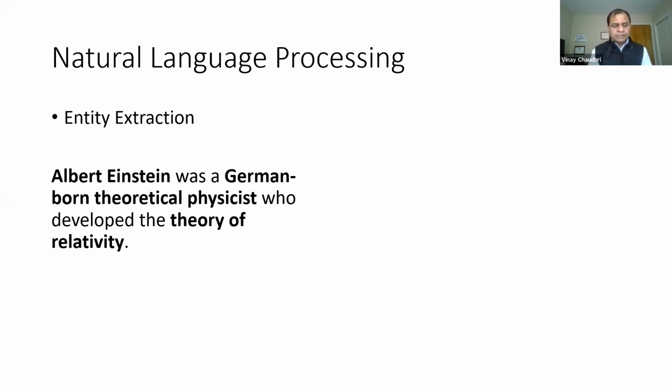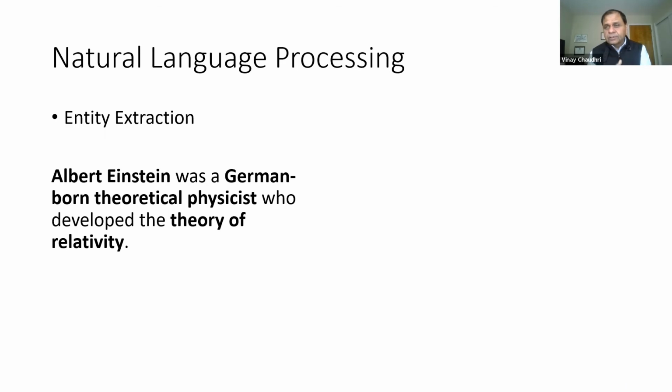Given a sentence like this, we can run the entity extraction task on this and identify entities such as Albert Einstein, theory of relativity, etc. Of course, entity extraction is more general than this in that in some cases, it may extract numbers, dates, or time intervals. But for the most part, the most common case of entity extraction is extracting noun phrases.